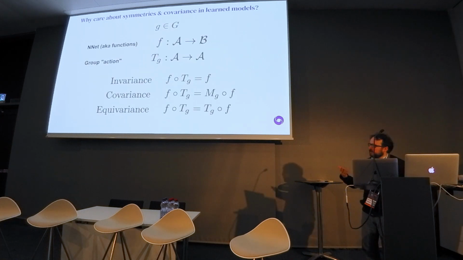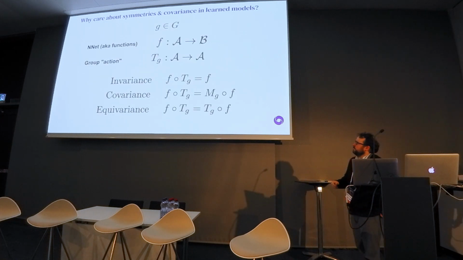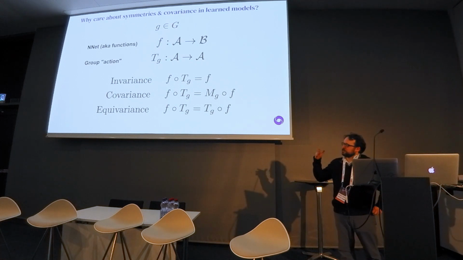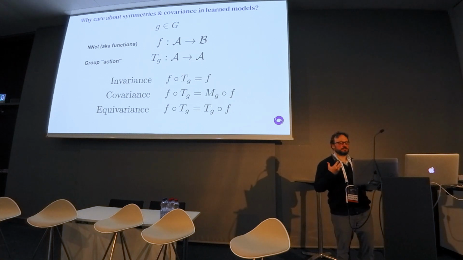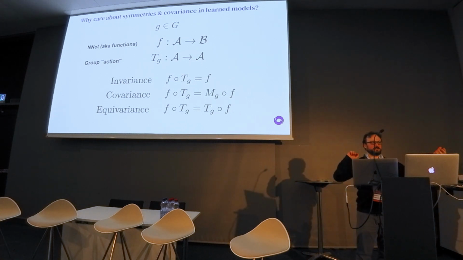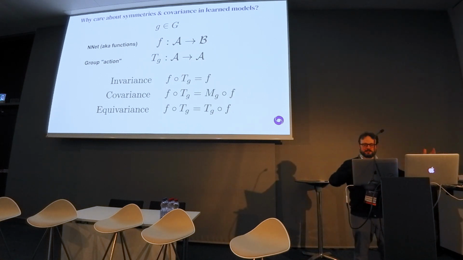So first, to give some language and notation. I assume that we know in advance the symmetries that we have in the data. I know that my data is rotational invariant, translational invariant, or there's some symmetry group.